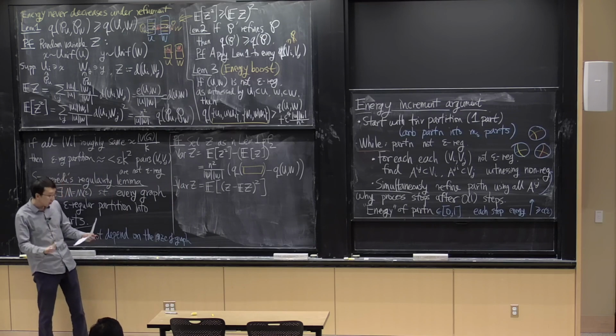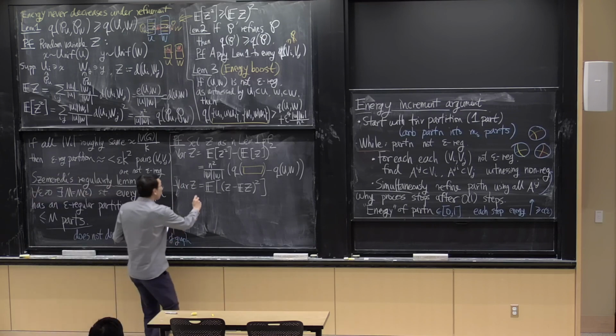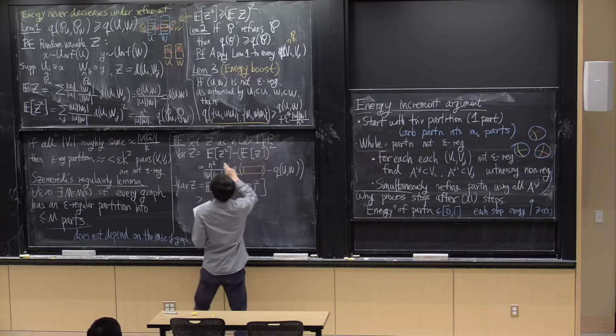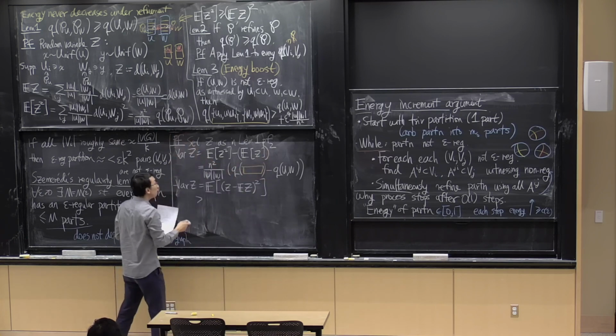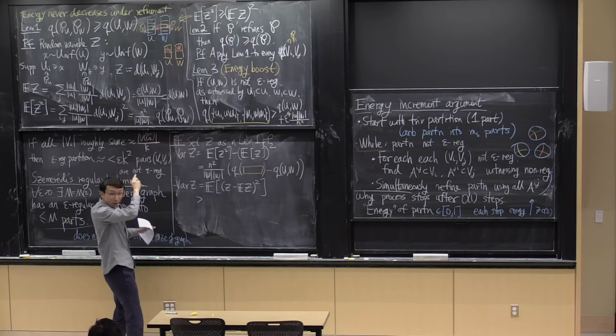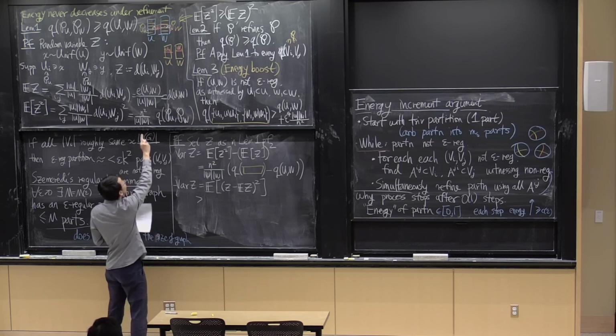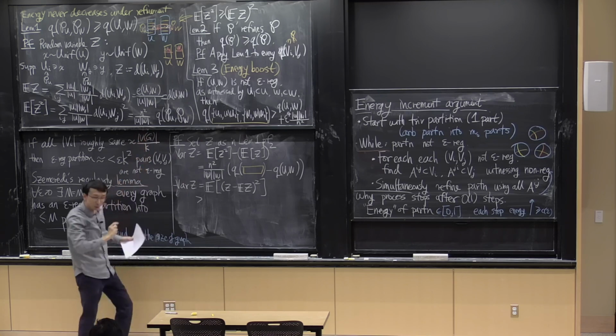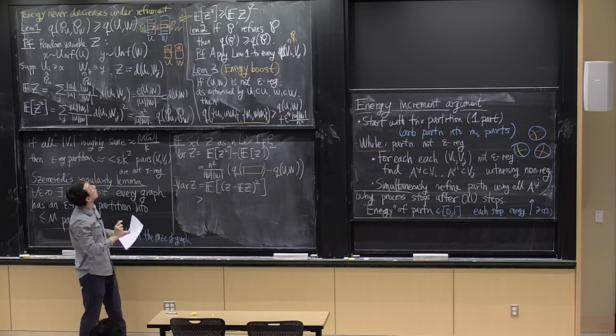Okay, so let's think about the deviation from the mean. Well, I'm choosing a random vertex on the left, U, and another random vertex on the right.